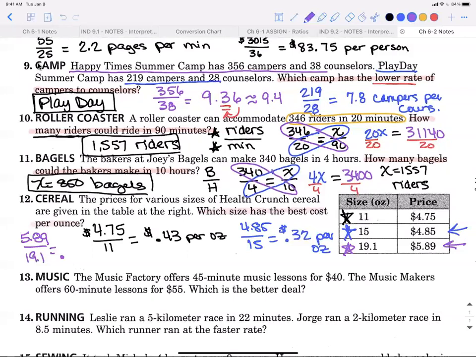I think it's 0.31. Is that right? Yeah. Okay. And that is, remember, dollars per ounce.